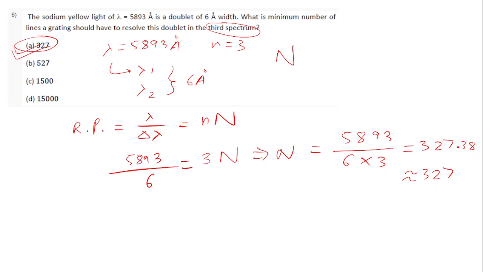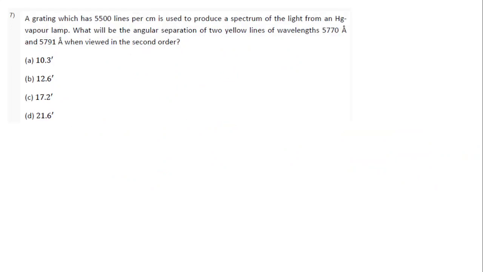Okay. Now question number 7. A grating which has 5500 lines per centimeter. So I was telling you in the beginning that there are many lines. For 1 centimeter there are 5500 lines. So this is what we give as m, number of lines per unit width, which is equal to 1 over the grating element, right?